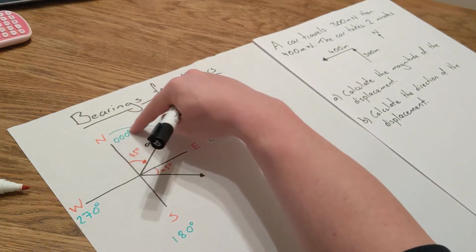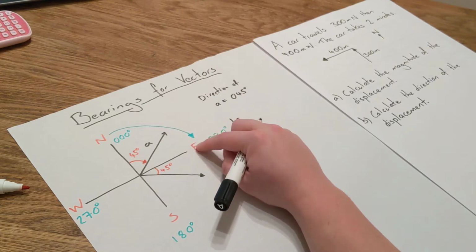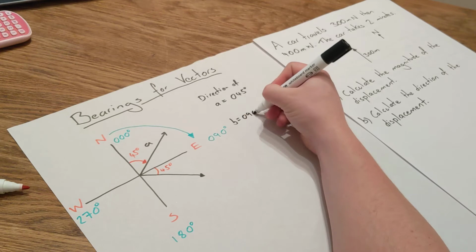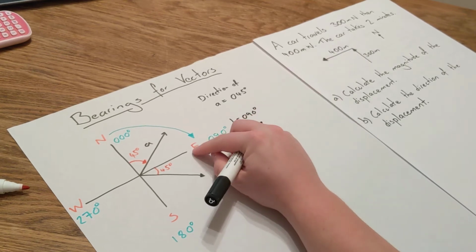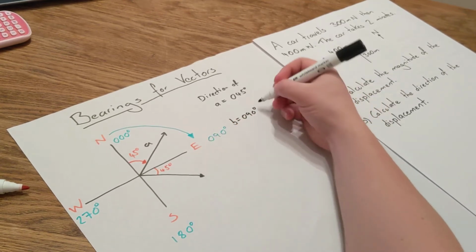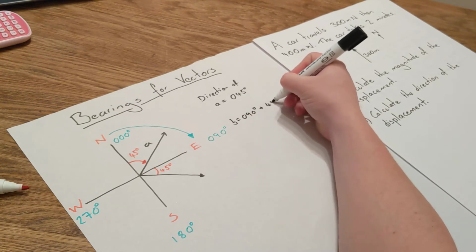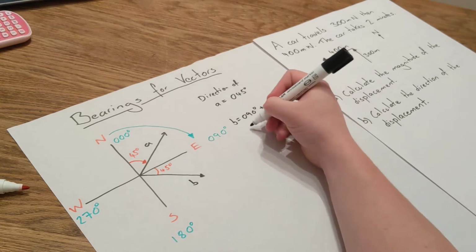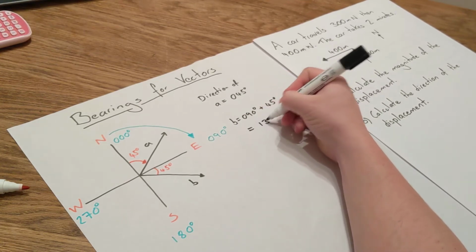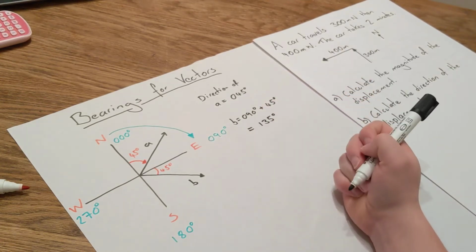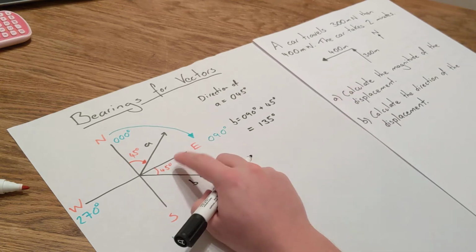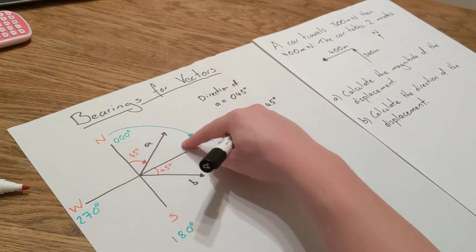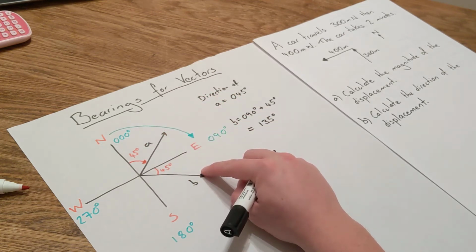If we come round, by the time we've got to east, we've gone 90 degrees. So we've already got 90 degrees, but then we've got another 45 to go. So the direction of vector B is actually 135 degrees. It's not 45. It's come round starting at 0, so you have to do it together.